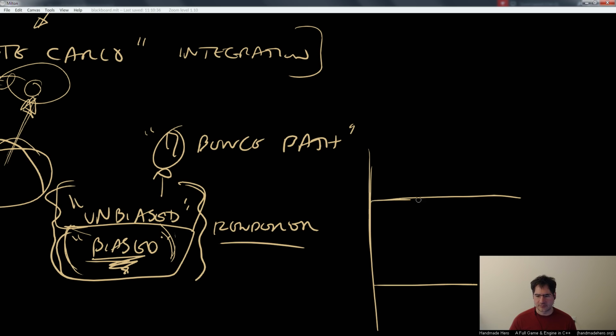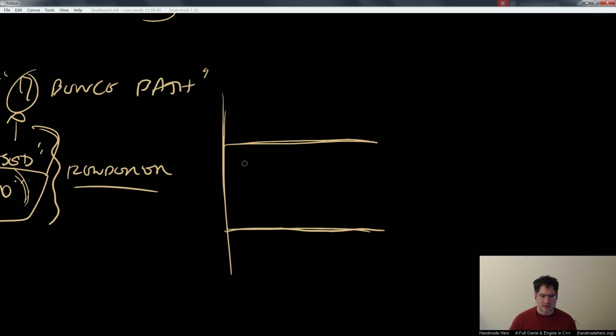Here are two graphs. Suppose that this is the brightness that a particular pixel should be in either case. This brightness is some number of lumens, some color value, whatever it is.